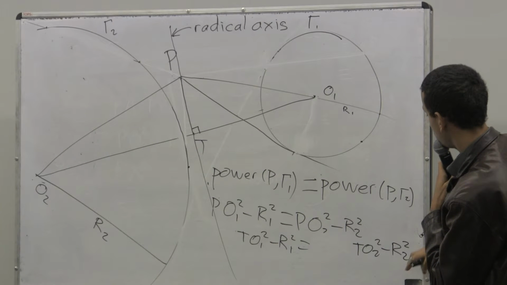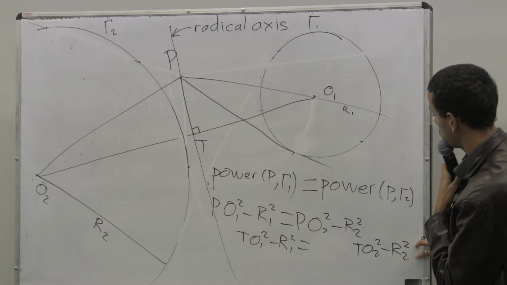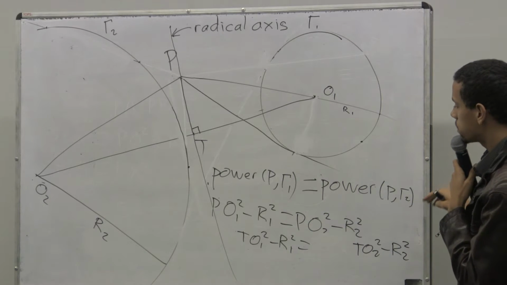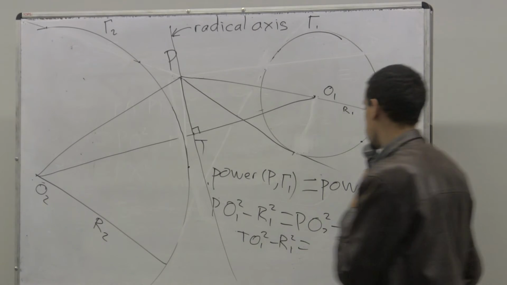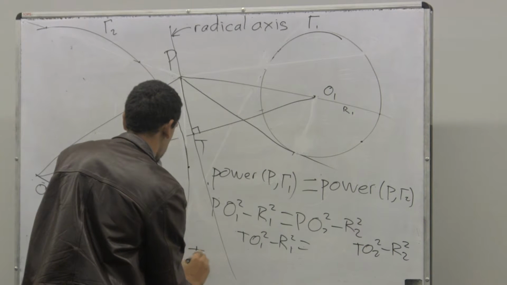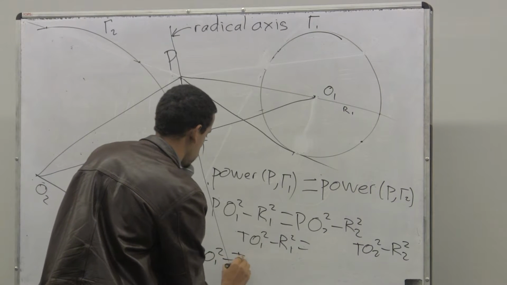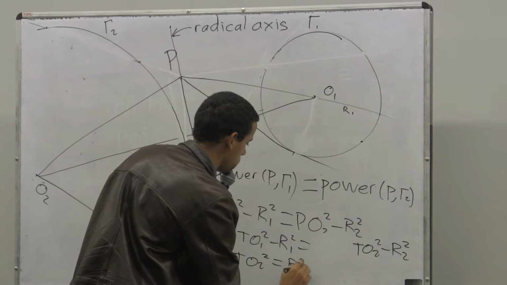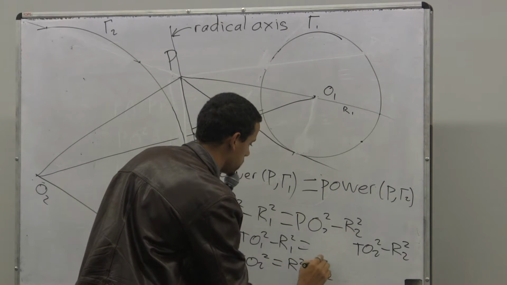Yeah, so basically we'll need to use this equation. You take the stuff with T over to one side, take all the R's over to the other side, and get TO1 squared minus TO2 squared equals R1 squared minus R2 squared.